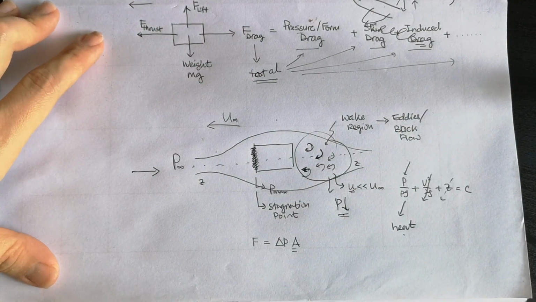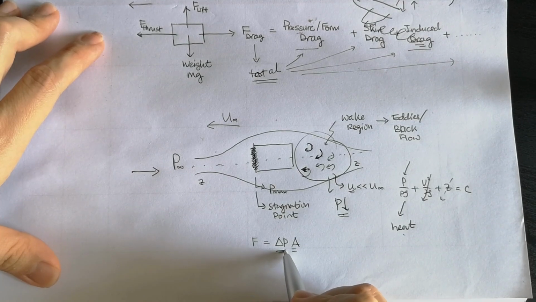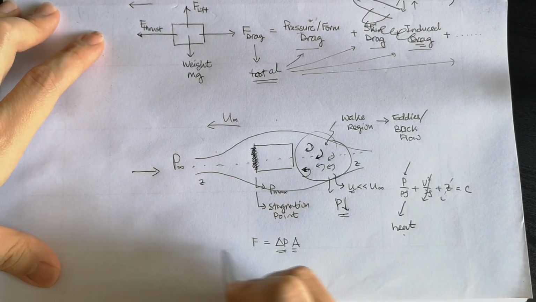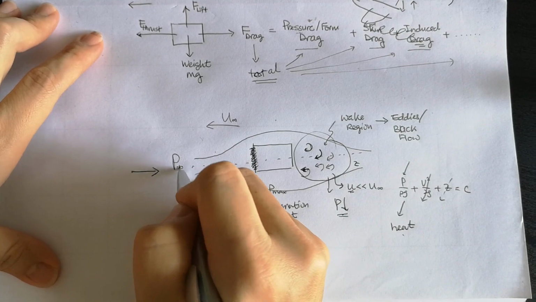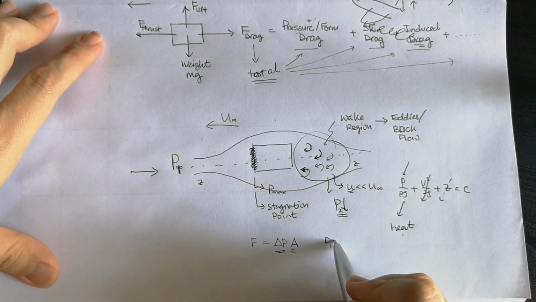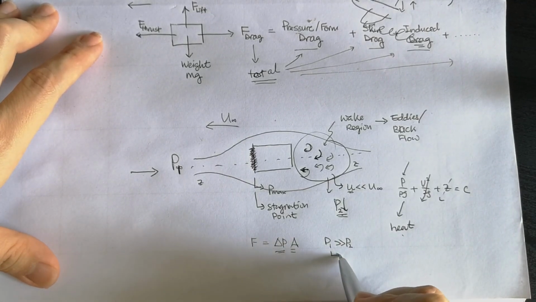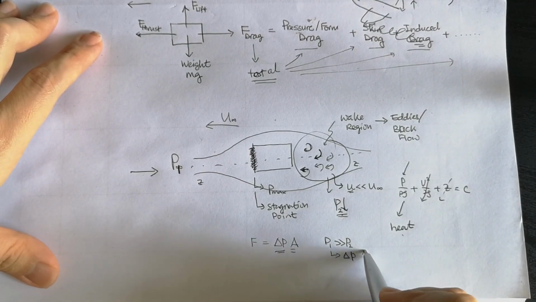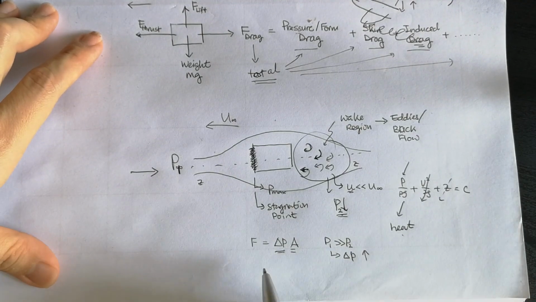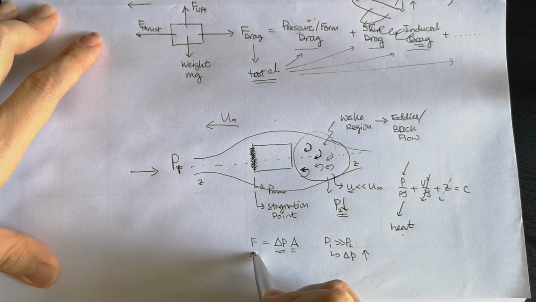As your change of pressure becomes significant, for example, let's call this one P1 and this one P2, as P1 is much higher than P2, it will lead to your change of pressure becoming more significant. That's how it contributes to our pressure drag.